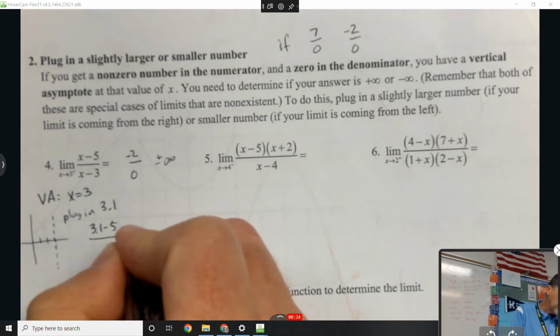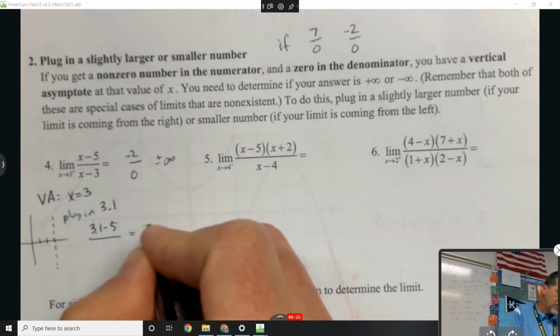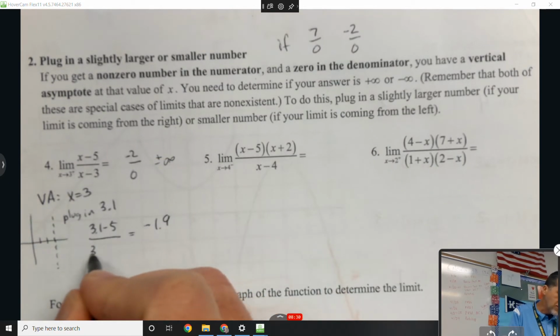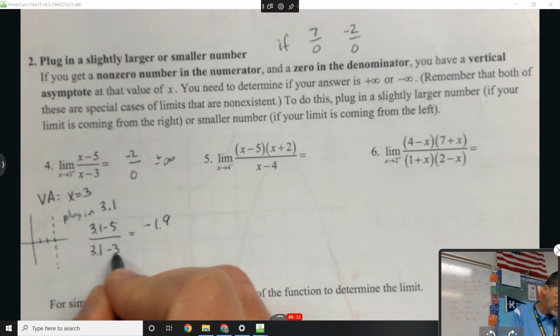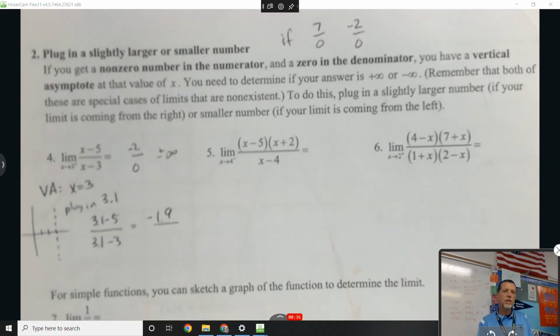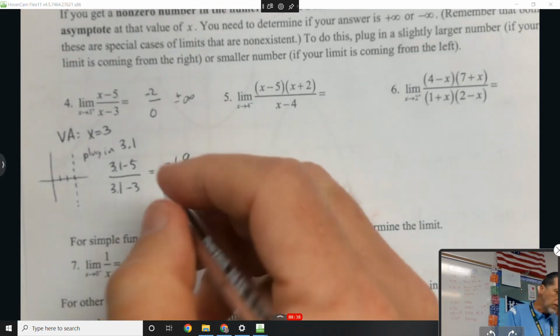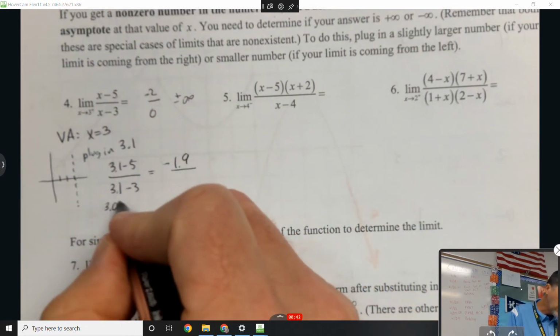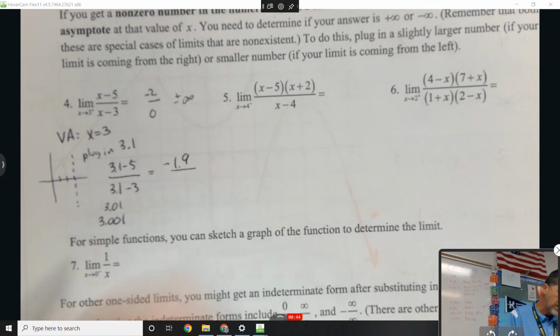I'm not really concerned about the top. That's still negative 2-ish, negative 1.9. What I'm really concerned about is the bottom. So it's 0.1, but if I did 3.01 or 3.001, it's getting to be really, really small.